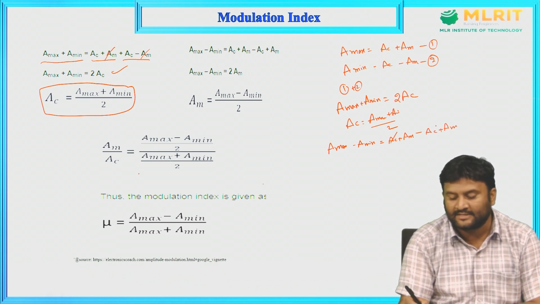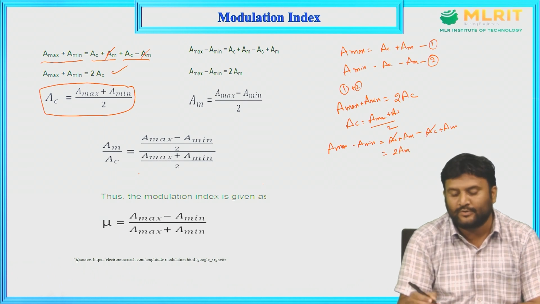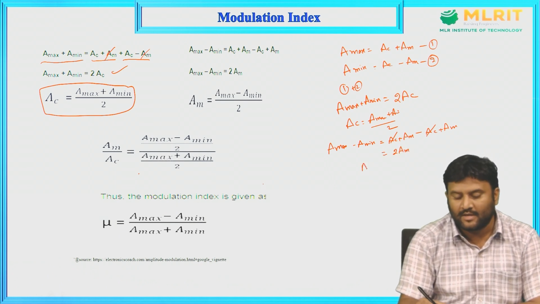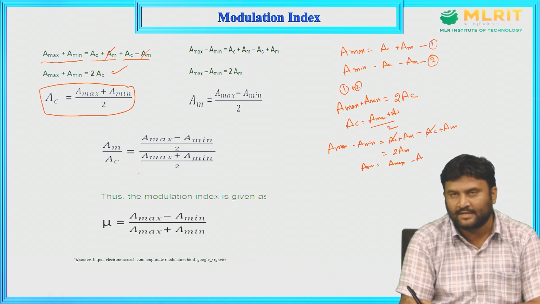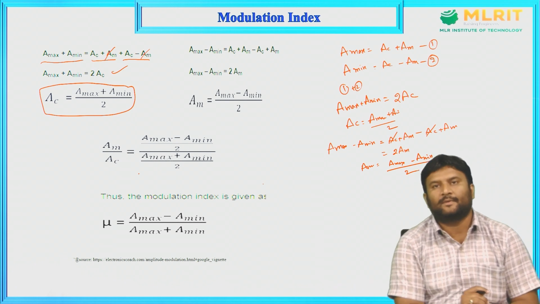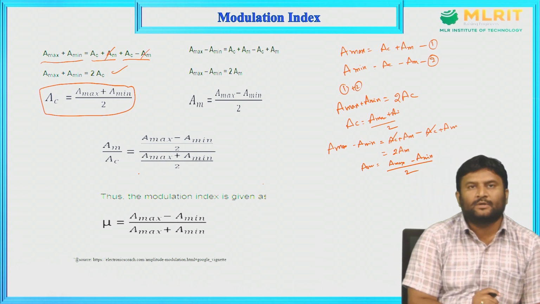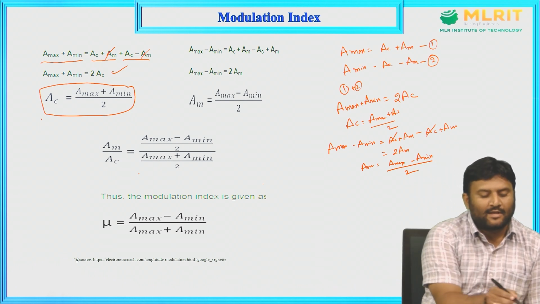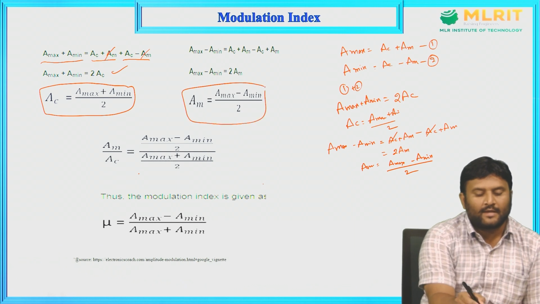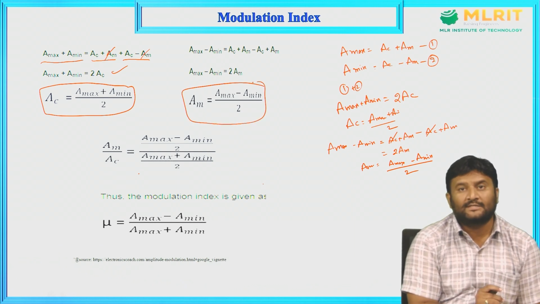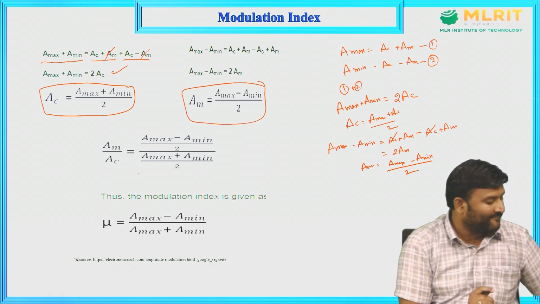Here plus AC and minus AC get cancelled. The remaining should be equal to 2 into AM. From this, AM is equal to A maximum minus A minimum by 2. Therefore, you know the AC value and you know the AM value.